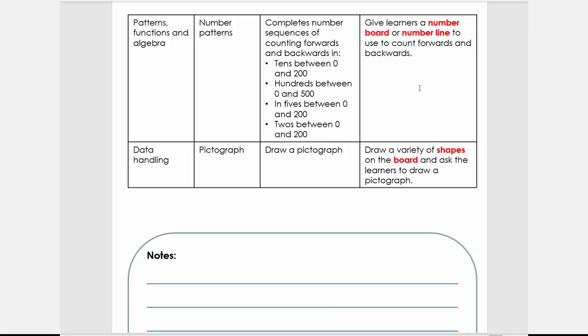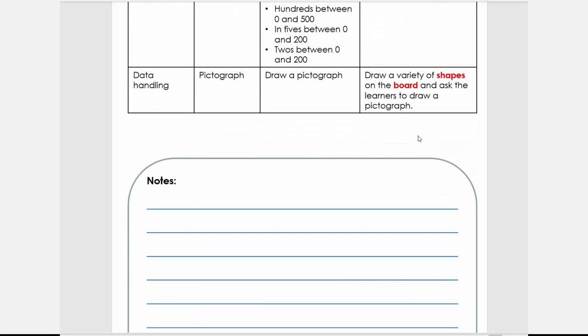Then next, for patterns, functions, and algebra, the number patterns we're going to do on a number board or a number line. And then lastly, we're going to do data handling, where we're going to use some shapes. So you can just fill a page full of different shapes, the shapes we have done before, and then you can ask the learners to draw a pictograph.